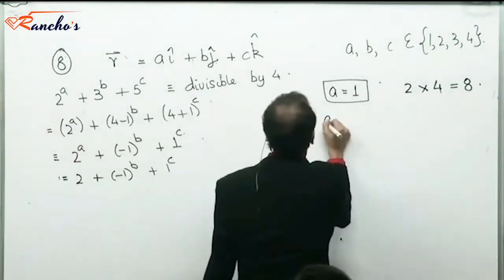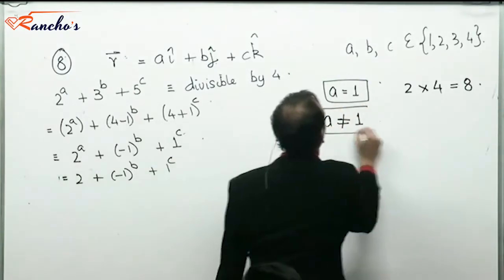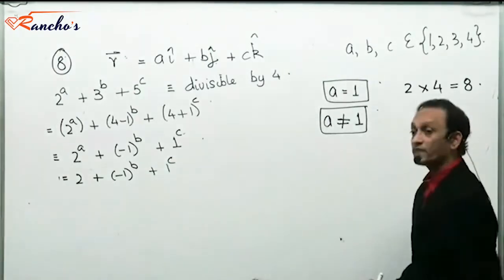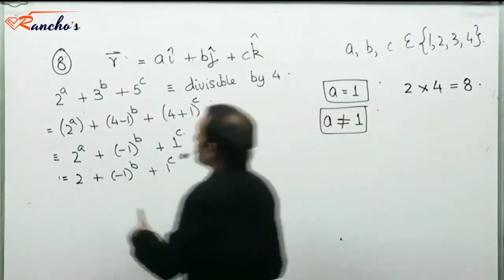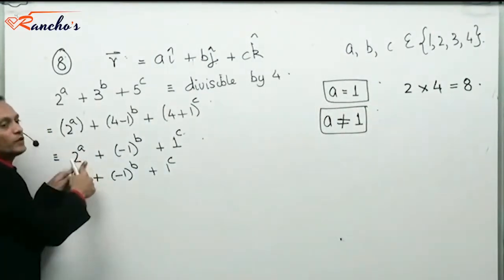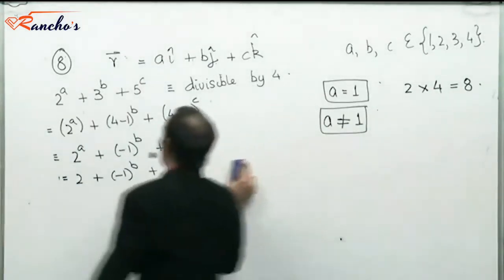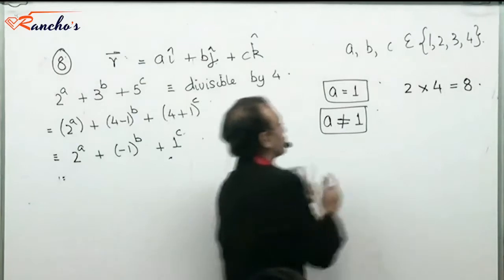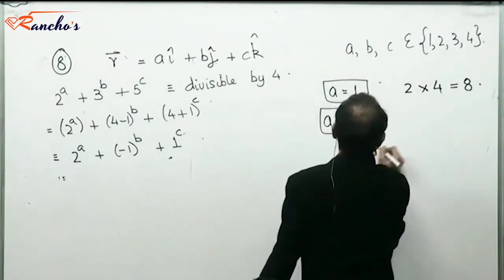If a is not 1, if a is greater than 1, this anyways will be divisible by 4. Yes or no? If a is not 1, 2 to power a will anyways be divisible by 4. If a is greater than 1, this will always be divisible by 4.